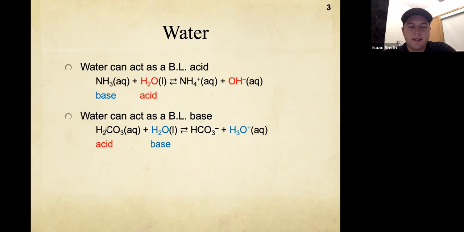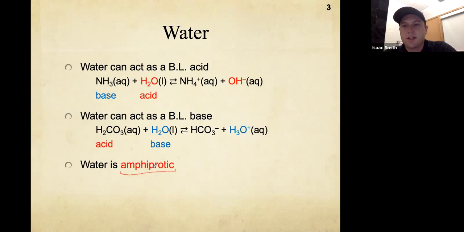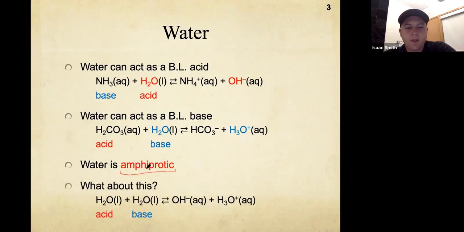So if we put an acid like carbonic acid in, it would donate a proton to water. This becomes bicarbonate, and we're left with hydronium ions as well. Okay, so the name of this behavior where something can act as an acid or a base is called amphiprotic. Okay. So this is mostly just review from the last lectures.